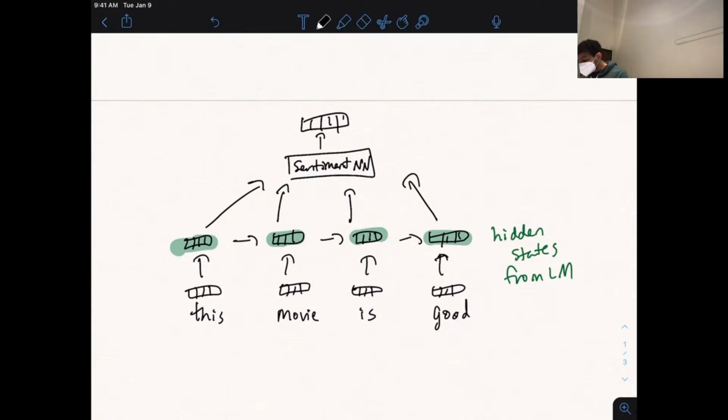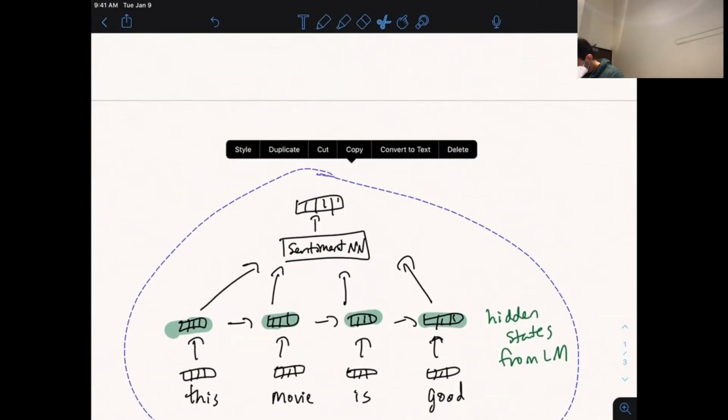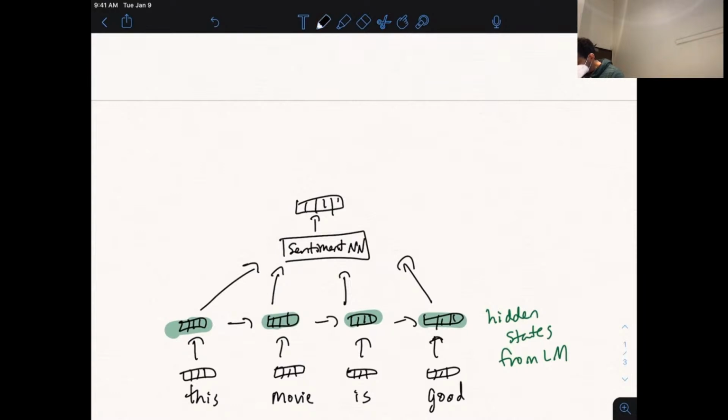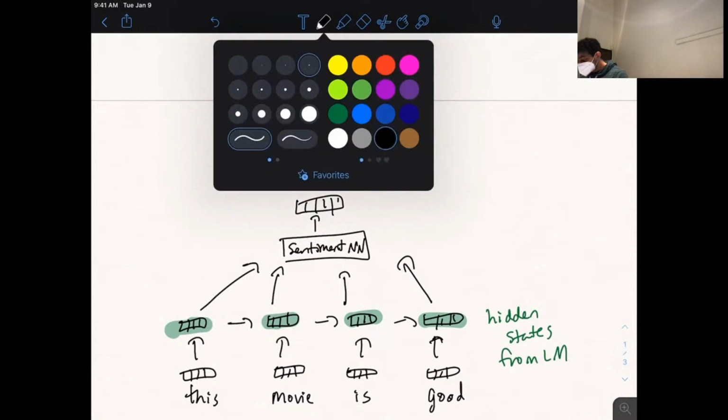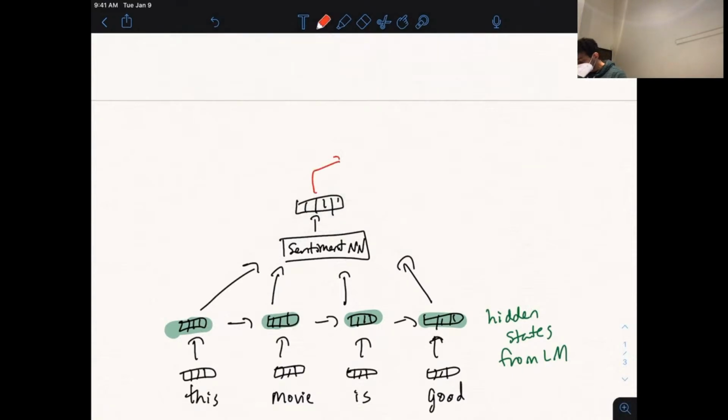But the important thing is that the input to this neural network comes from this big pre-trained language model. So after I feed these hidden states into my sentiment neural network, I will apply a softmax layer to predict positive.